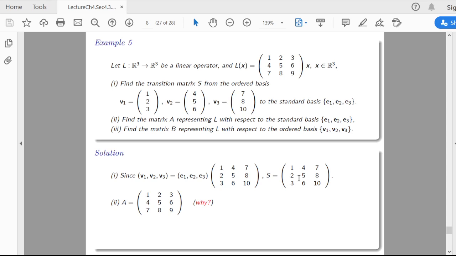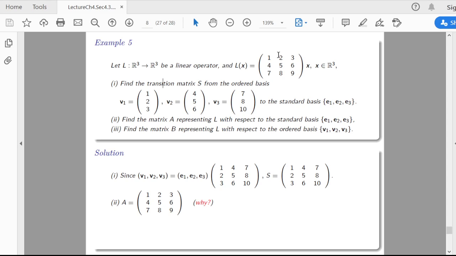The second question is ask us to find the matrix A, which represent L with respect to the standard base. Now this matrix is just equal to 1, 2, 3, 4, 5, 6, 7, 8, 9. This is precisely this matrix here.